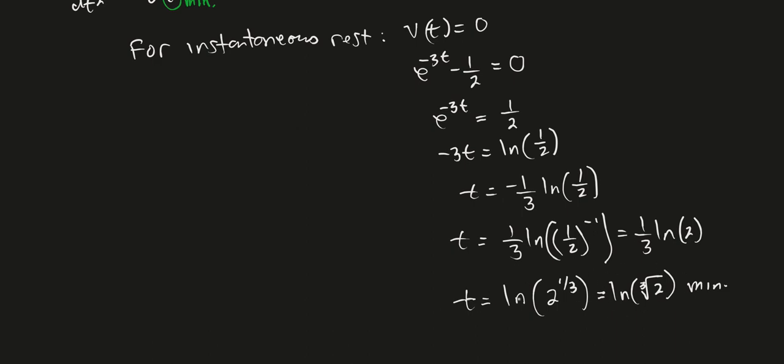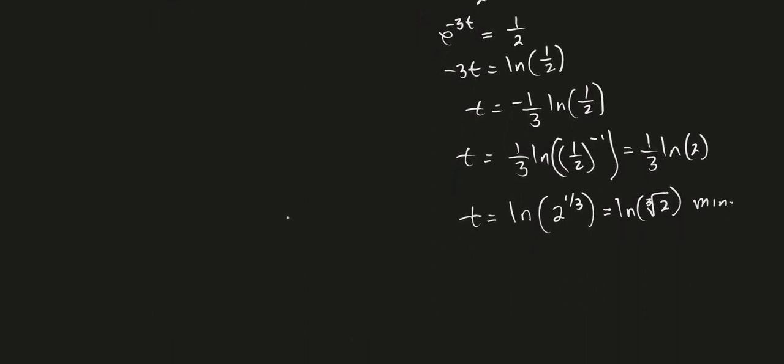So that means at all other values of t that are greater than or equal to 0, the object is either moving to the right or moving to the left. How do we figure out which is which? Moving to the right, we know the velocity would have to be greater than 0.